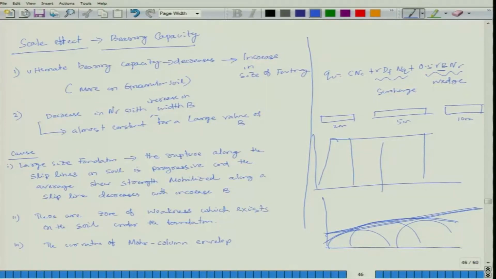Large size foundation, look at this, these three are very vital, you should understand. Large size foundation, the rupture along the slip lines in soil. What is your slip line for Terzaghi?